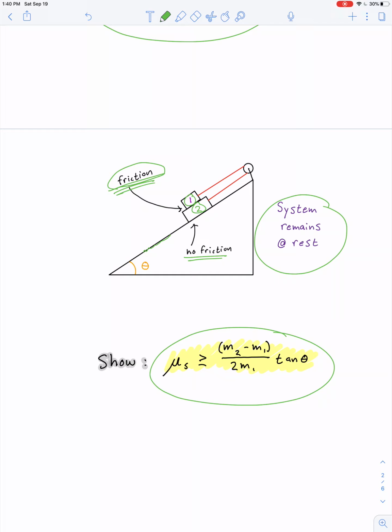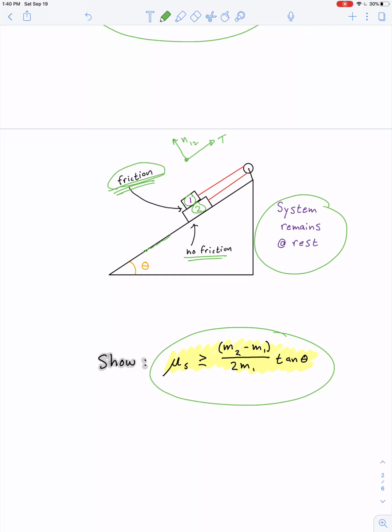So for block number 1, there's some amount of normal force. I'll call that N subscript 1, 2, the normal force, the force of contact between blocks 1 and 2. Okay, pulling up this way, there's some amount of tension. Let's see, what else?